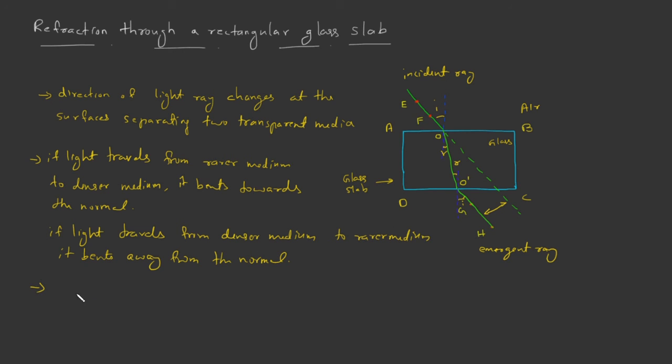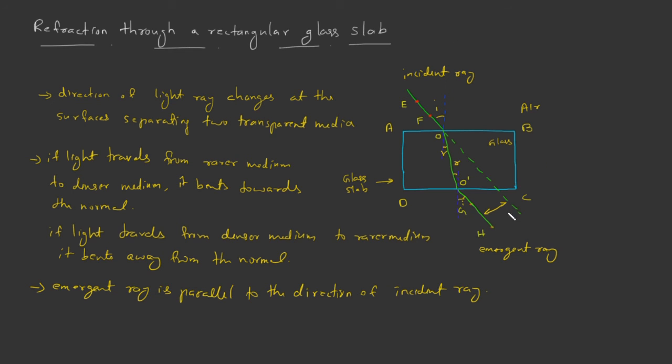So the third point here is that emergent ray is parallel to the direction of incident ray. So these are the main observations we can get from this activity or experiment.